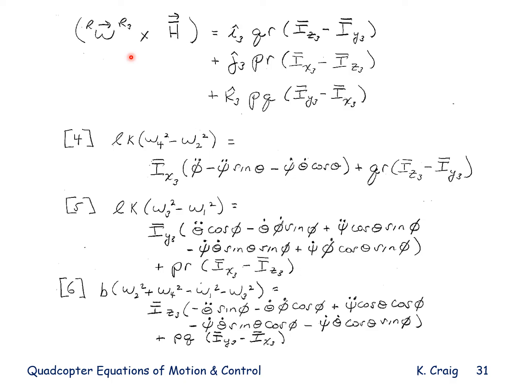This vector cross product can be rewritten in simplified form as shown here. If I put all of this together, my equations, the rotational equations of motion, equations 4, 5, and 6, are shown here. These are the rotational equations of motion for the quadcopter.